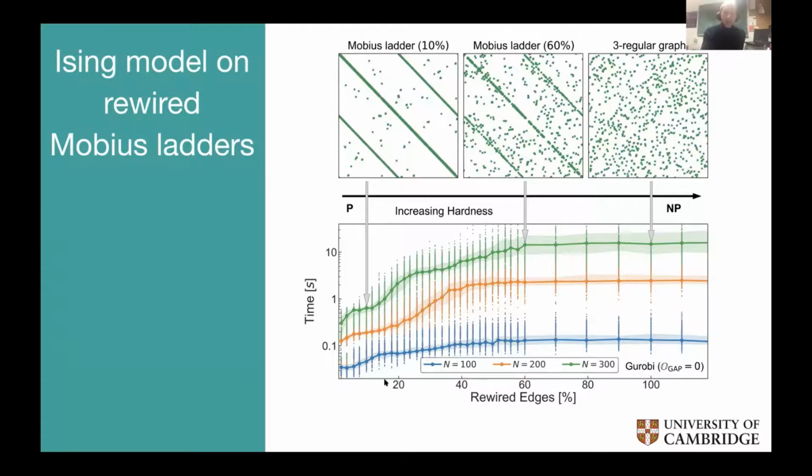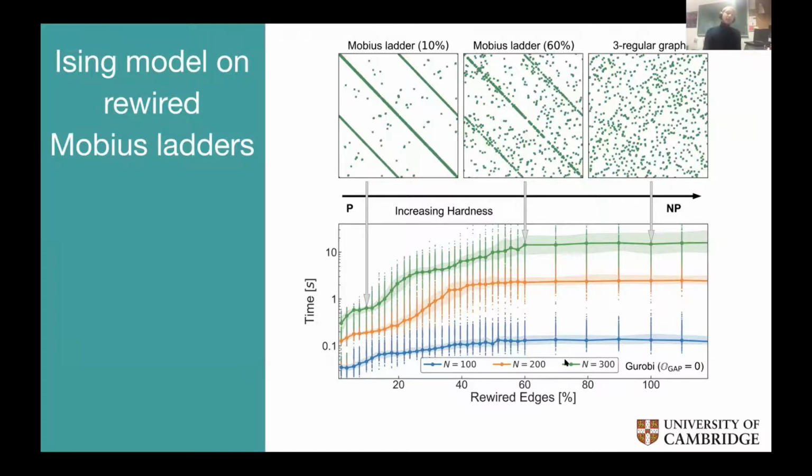And then we rewire edges more and more. And then you see that for 40 to 60% of rewired edges, the complexity already is equivalent to that of 3-regular graphs. And we've checked it for a few problem sizes.